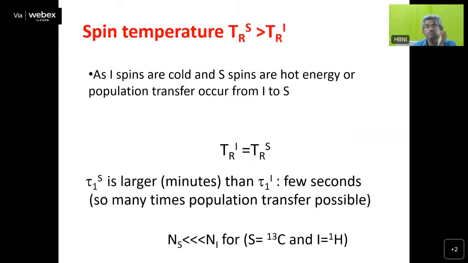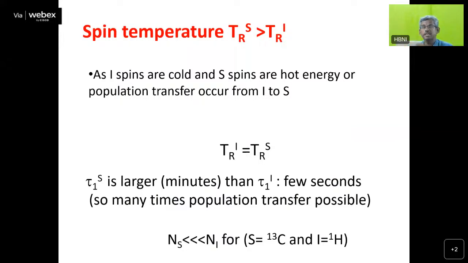Hope it is clear to you. And another minor point I should say here. The hot body coming into contact with a cold body, as a result, the ground state population increases, and there is an increase in intensity. That is one aspect. Another aspect is that, this is again the same thing: TRS, the rotating frame temperature of the S nucleus, is greater than the rotating frame temperature of the I nucleus.